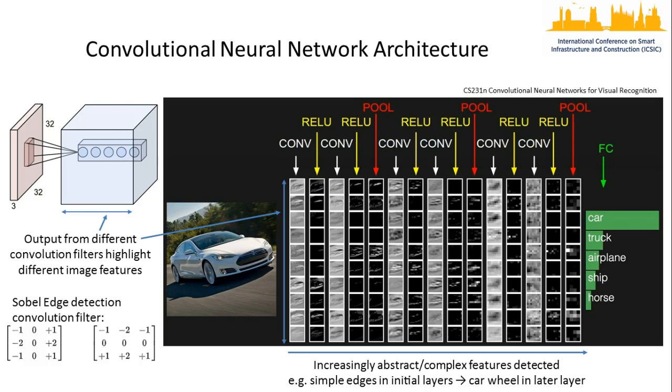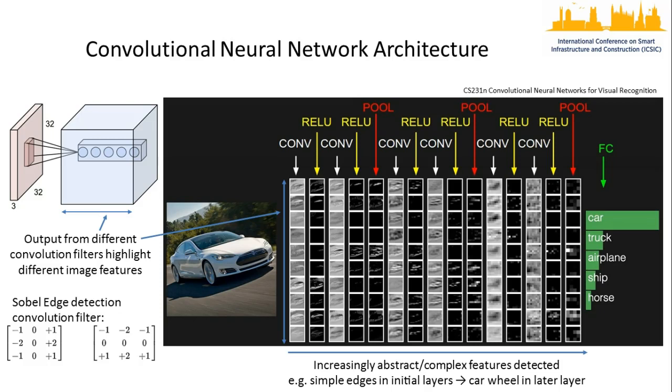Whereas in a convolutional neural network, each layer can have many different filters, each highlighting a different feature of the image, so it can focus on different features of interest. Then on the columns of this, as you go deeper into the network, these features become increasingly complex. You can pick up increasingly more abstract features of an image.